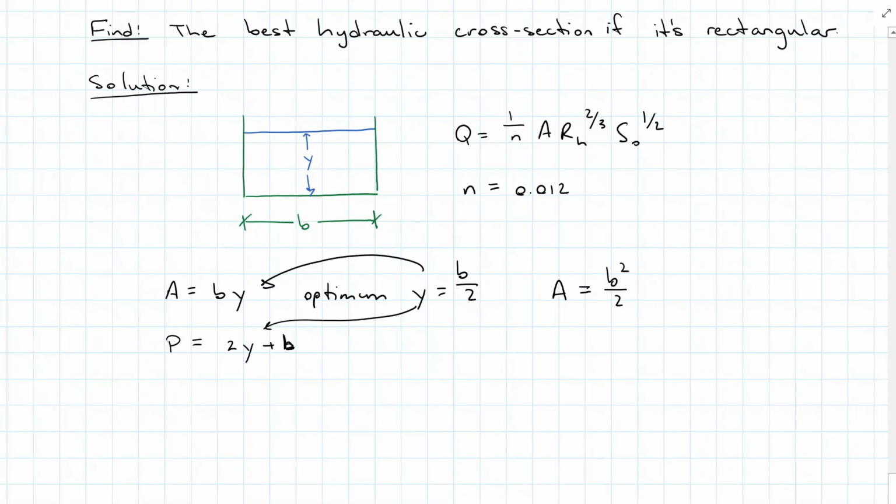I have 2 times b divided by 2 plus b. So my wetted perimeter is 2b. Plugging that into my hydraulic radius, I have b squared over 2 divided by 2b, and that gives me a hydraulic radius of b divided by 4.